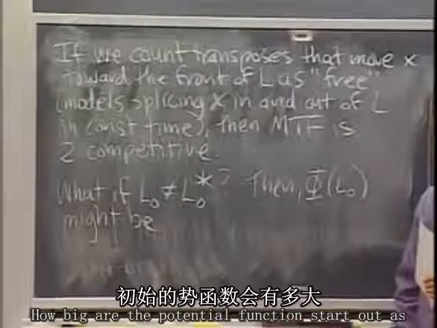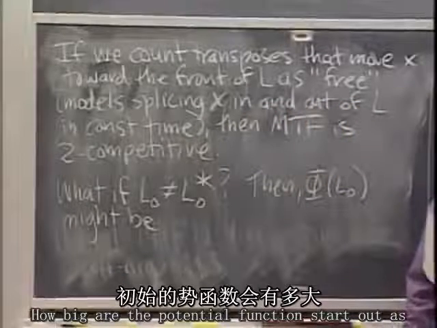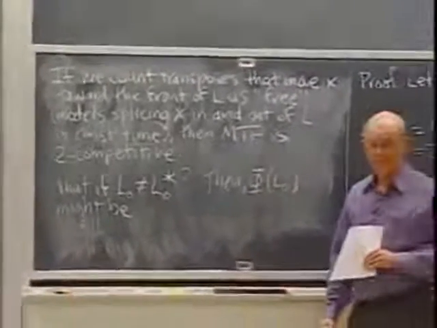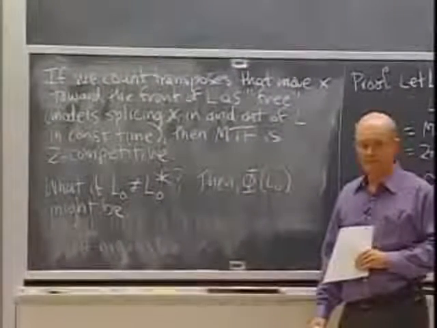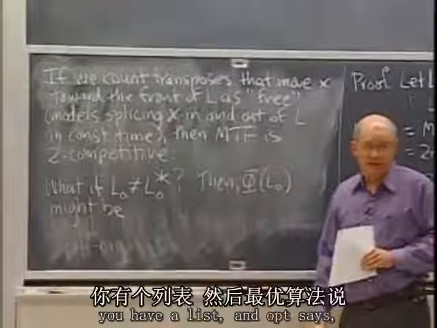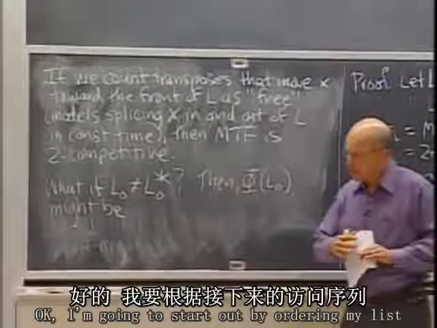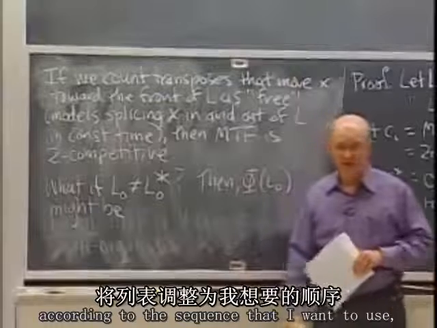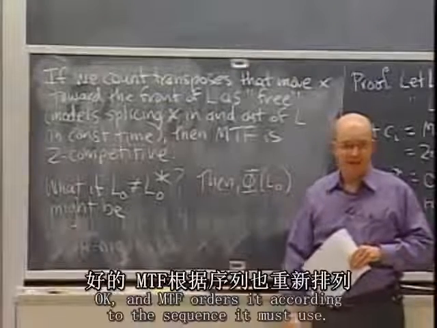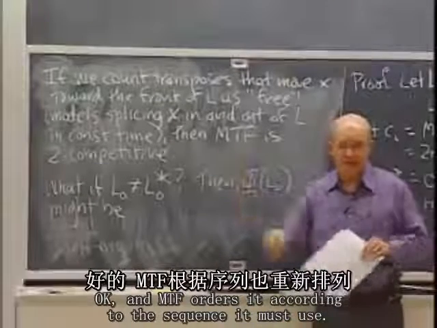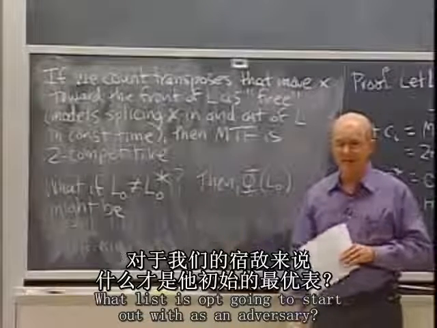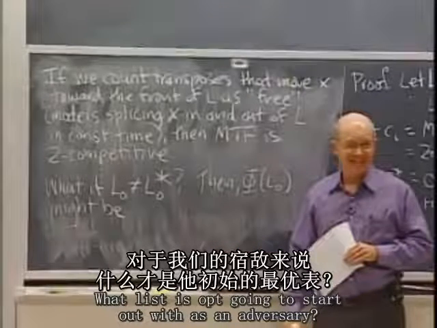How big could the potential function start out as if the lists are different? So suppose we're starting out, you have a list, and OPT says, okay, I'm going to start out by ordering my list according to the sequence that I want to use. And MTF orders it according to the sequence it wants to use. What list is OPT going to start out with as an adversary?